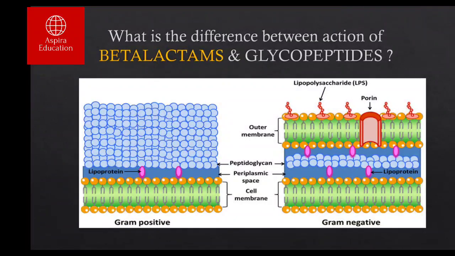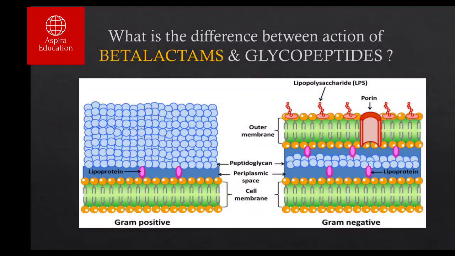This is one take-home point you have to remember. Glycopeptide antibiotics are ineffective against gram-negative bacteria because they are large molecules and they cannot come and bind to the peptidoglycan layer because there is an outer membrane, whereas they can directly bind to the growing peptidoglycan layer on the outer surface of a gram-positive bacterium. So glycopeptide antibiotics are active only against the gram-positive spectrum.